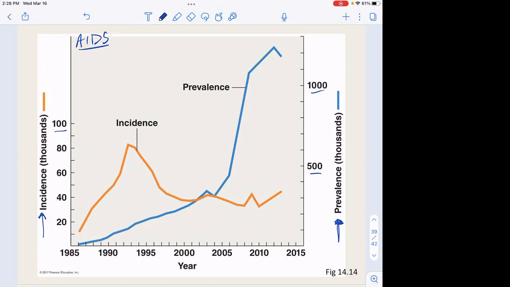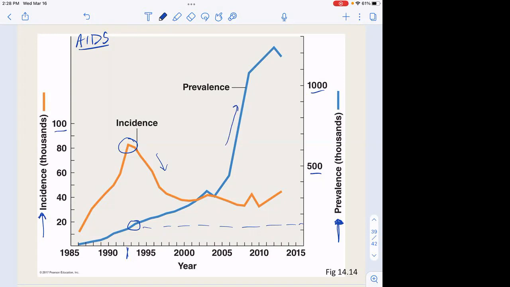They could be the same if a person died as soon as they got the disease. But you can see here the incidence of AIDS peaked in, say, 1993 or so at about 80,000. And at that time, the prevalence, if you follow this over here, was more like maybe 150,000. And as you can see over time, the new cases are definitely going down, but the prevalence has really skyrocketed.